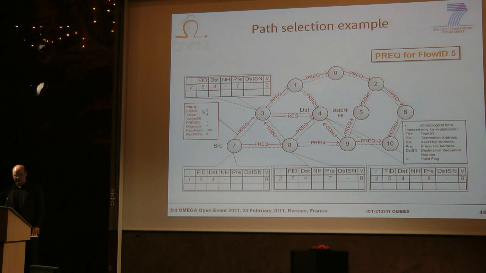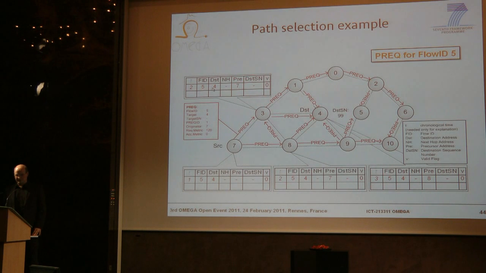This flow gets flow ID 5, and so 7 floods the network with path requests. To understand now the path selection tables, I will just explain. This is just for you for orientation in this example. This is the flow ID.